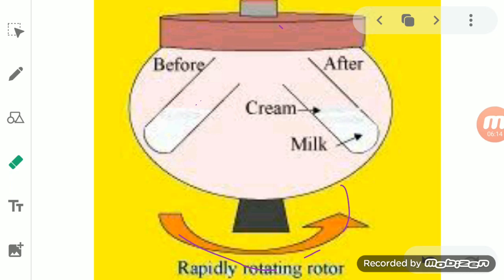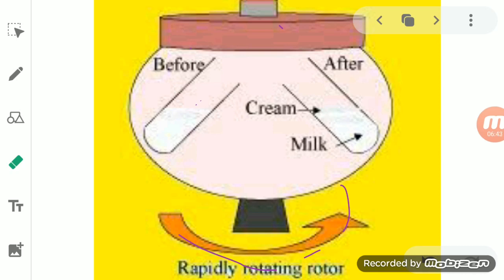By using a centrifuge machine and rotating it at a high speed, we forcefully make the suspended particles become heavy, due to which they come down and settle, while the liquid remains at the top. By using this centrifugation method, we can separate the clay particles which are suspended in water.